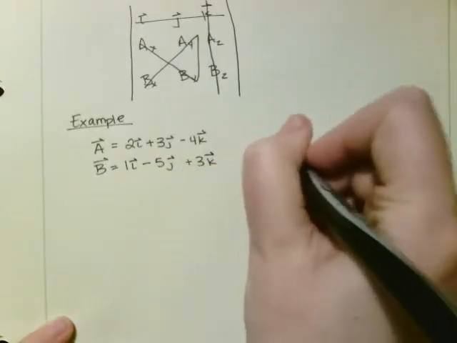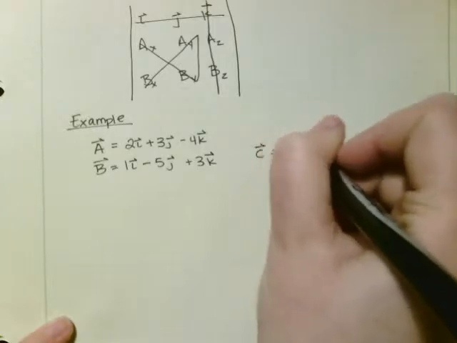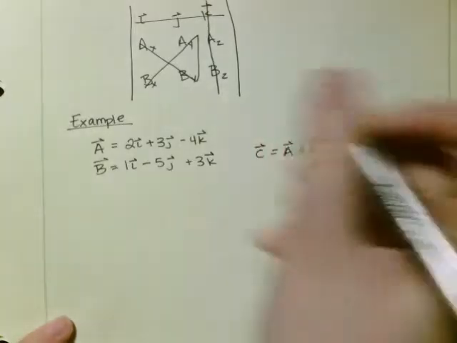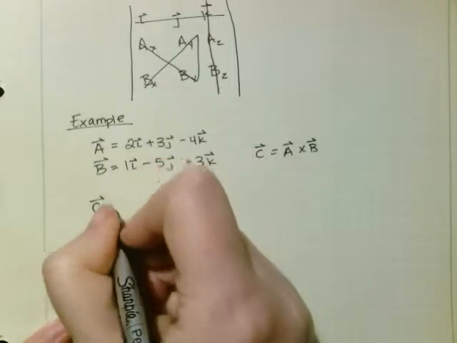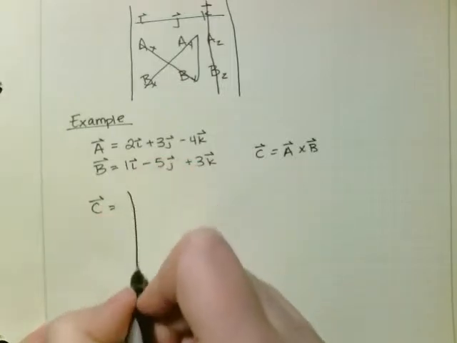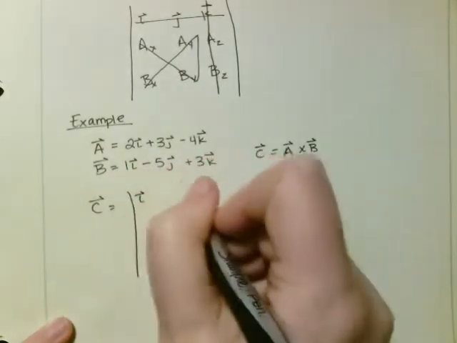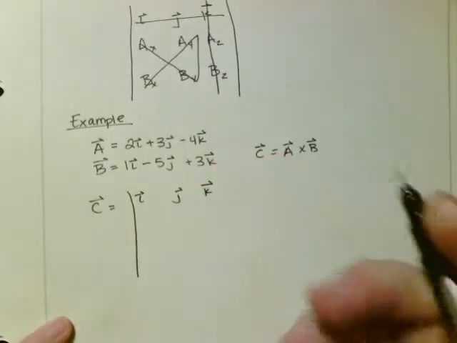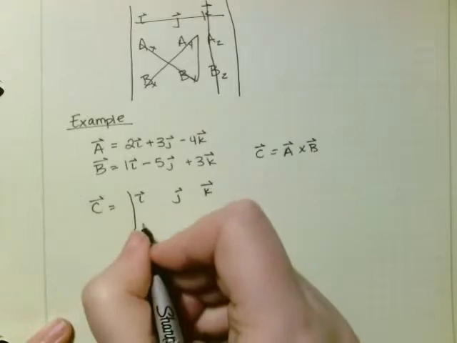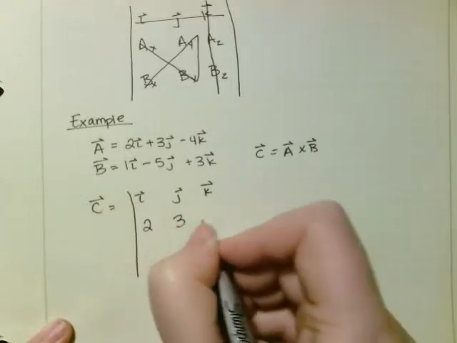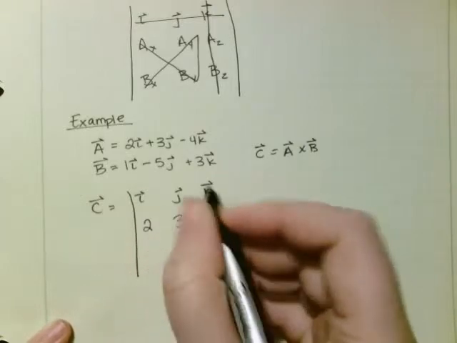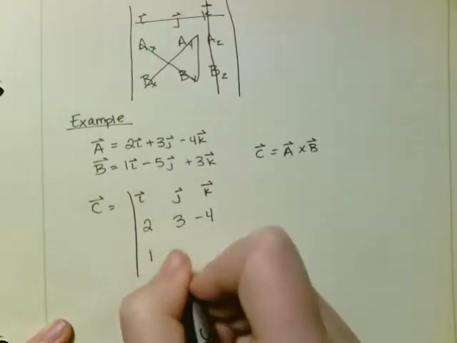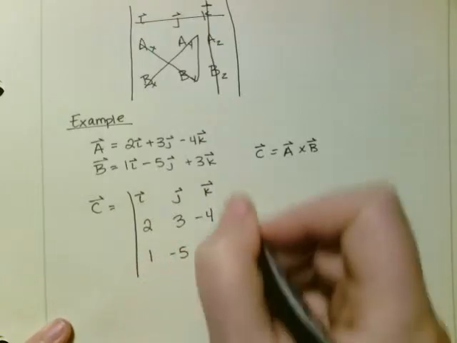And we want to find C, where C is equal to A cross B. So C is going to be equal to I, J, K. Then the magnitude of AX 2, magnitude of AY 3, magnitude of AZ negative 4. Same thing with B, 1, negative 5, 3.